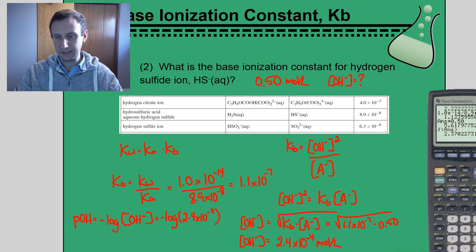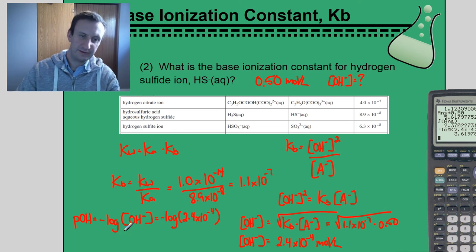Let's again use my unrounded value: negative log of 2.4 EE negative 4 gives me an answer of 3.62.